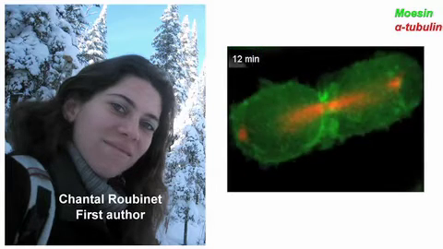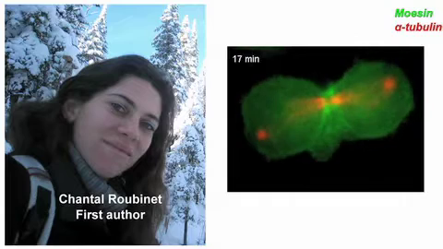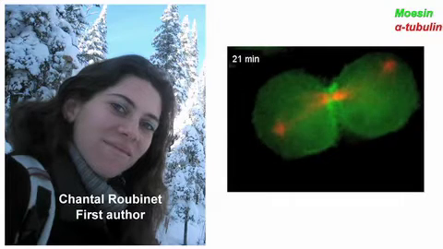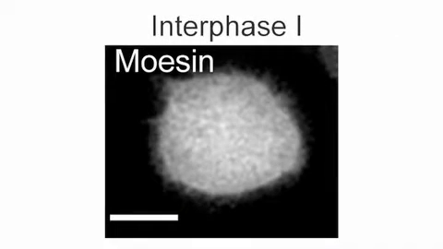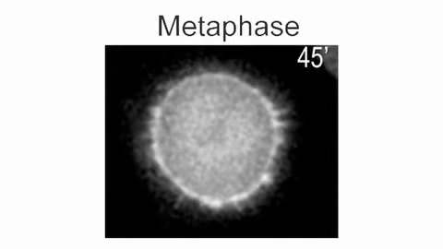Carréno and colleagues, led by graduate student Chantal Roubinet, began by examining the localization of GFP-tagged Moesin over the course of the cell cycle. In this cell type, Moesin is mainly in the cytoplasm during interphase. Then, when cells enter prophase and metaphase, Moesin is recruited everywhere at the cortex, and this is related to its function in cell rounding.